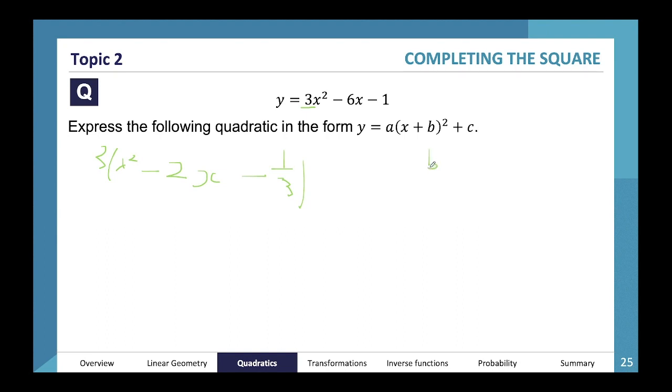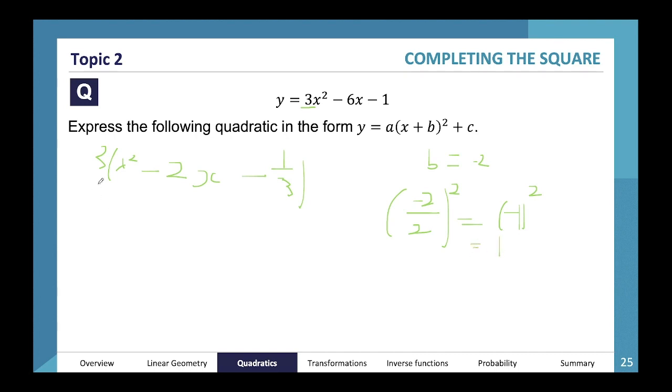So b, in this case, is going to be equal to negative 2, right? So what I'm going to do is I'm going to half negative 2, and then I'm going to square it. So that's going to give me negative 1 squared, right? And negative 1 squared is just nicely 1.